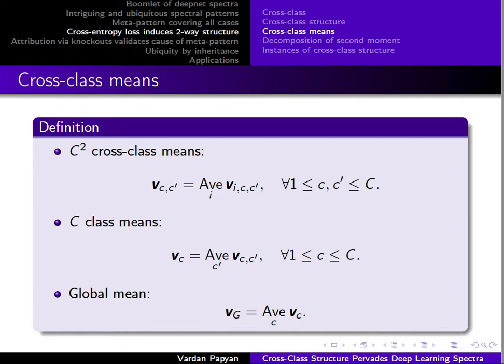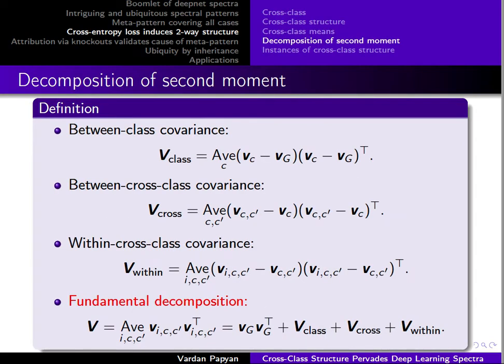So a family of vectors indexed by cross-class. And you can take all of these vectors, V_icc', and you can form a second moment matrix, which I'm going to call Σ_V. And there's a fundamental decomposition of this second moment matrix into a summation of 4 covariance matrices.